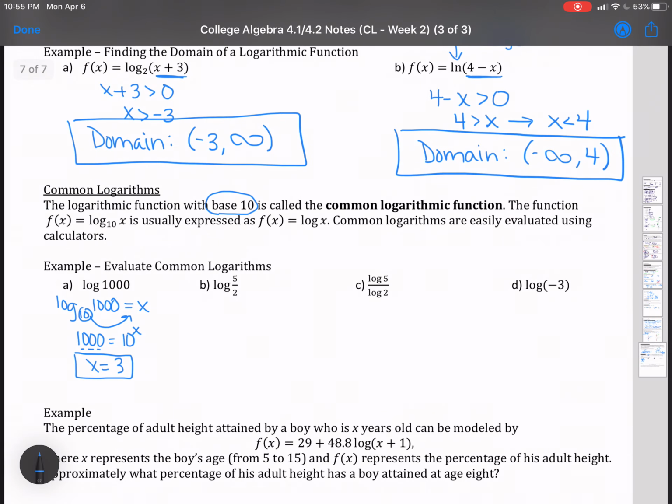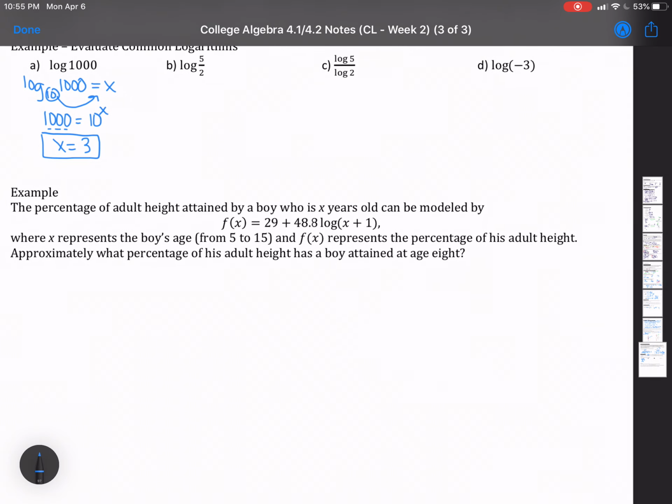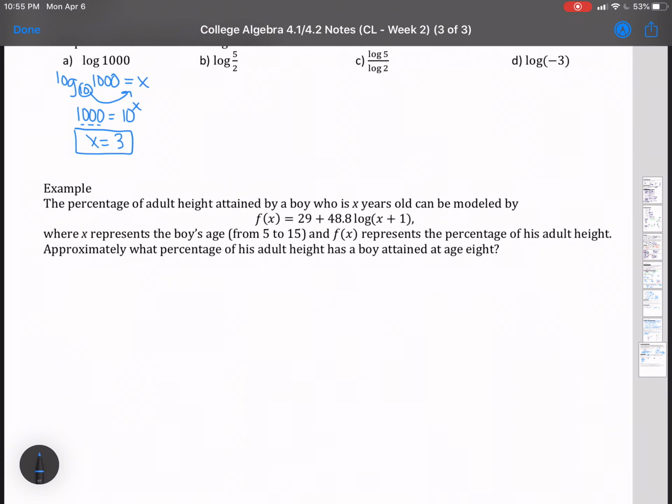All right, so switching back to notes, we have one last problem here. The percentage of adult height attained by a boy who is x years old can be modeled by the function f of x equals 29 plus 48.8 log of x plus 1, where x represents the boy's age from 5 to 15, and f of x represents the percentage of his adult height.